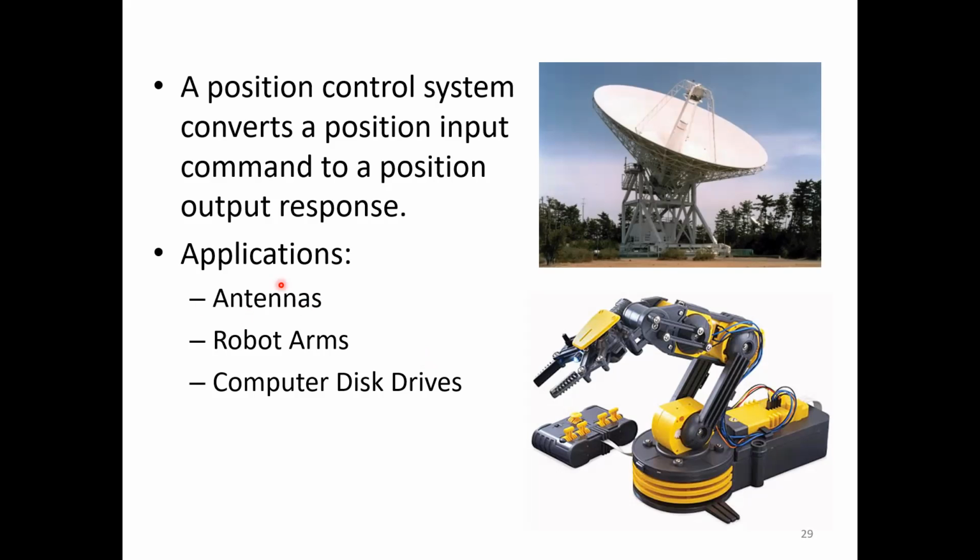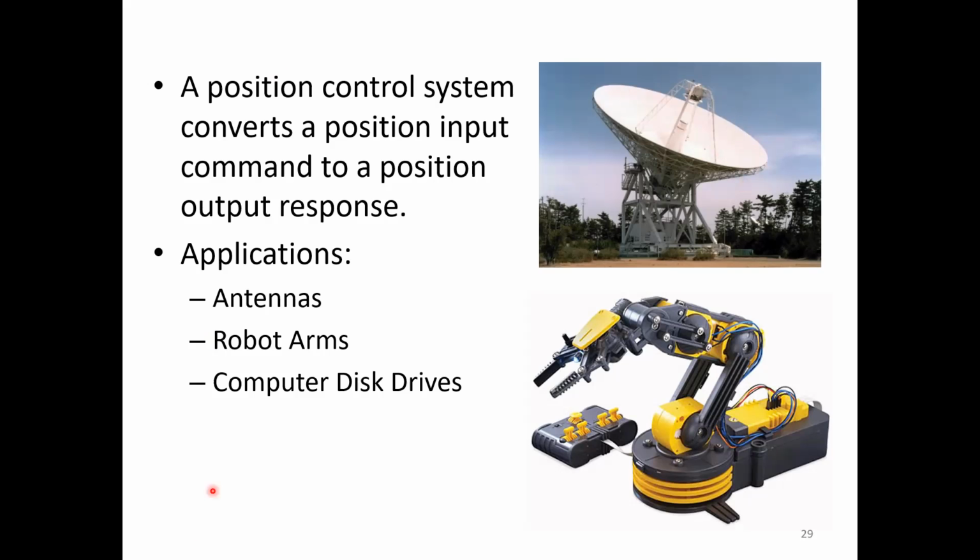Applications are antennas, robot arms, computer disk drives. These are the applications of position control system: antennas, robot arms, and computer disk drives. You are familiar with antennas. That is a picture of a parabolic reflector antenna.